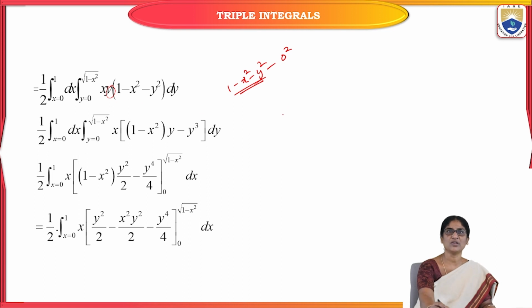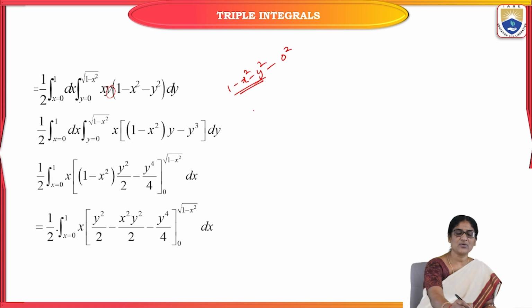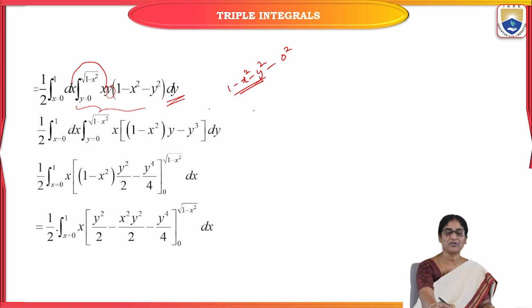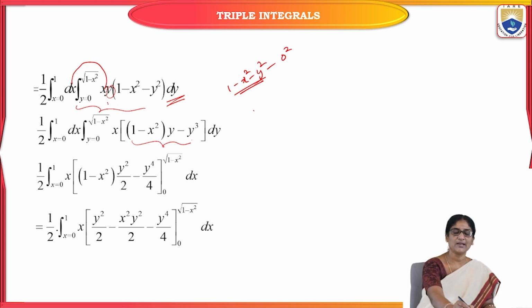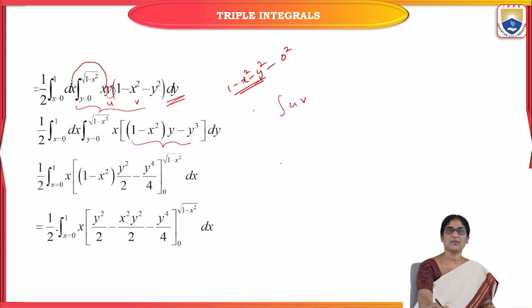So the integral of u into v you can follow. Here x you can put outside as it's free from y. You need to integrate with respect to only y. So x into the integral of y into 1 minus x square minus y square. In terms of u into v, that is integration by parts, then you are going to get.